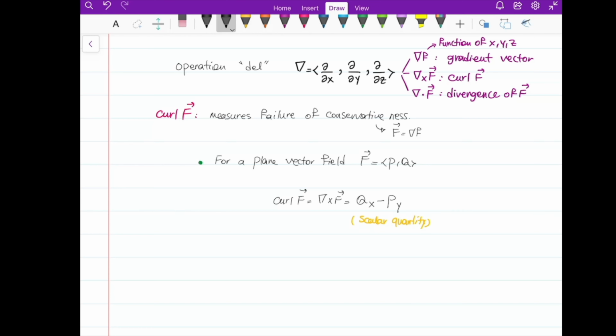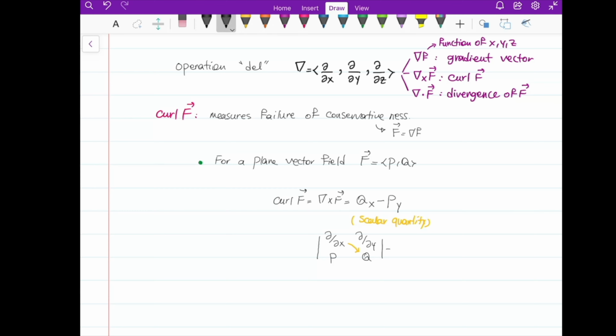And you can remember it by writing it like this: partial with respect to x, partial with respect to y, of P and Q. Okay, let me write this in here so that you see what's going on. Let's find the determinant of this matrix.